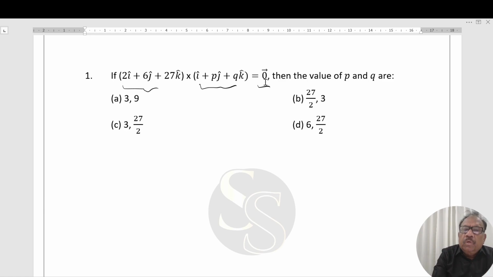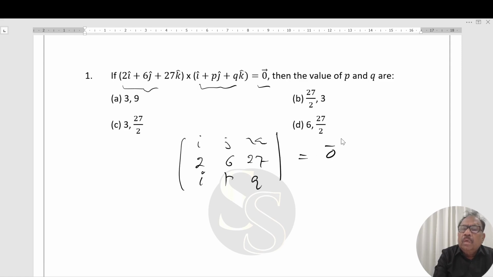This is the cross product. We know the cross product is equal to the determinant of i, j, k, 2, 6, 27, 1, P, Q, equal to the null vector, right?